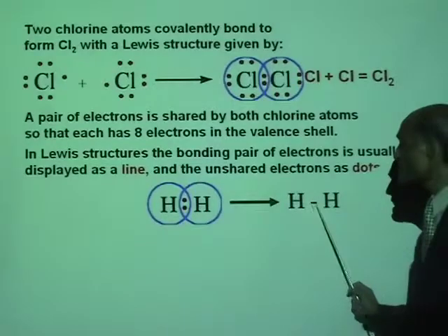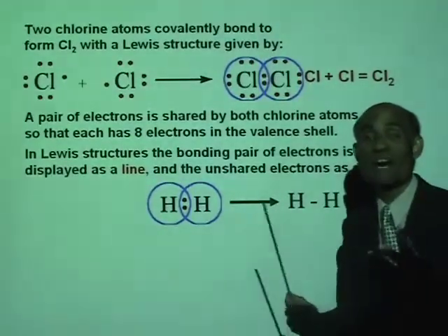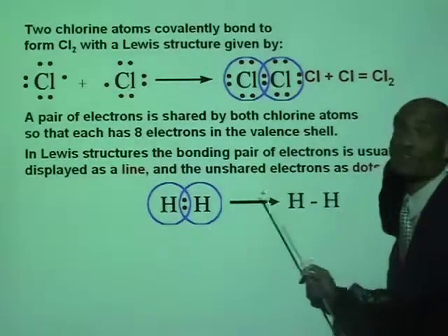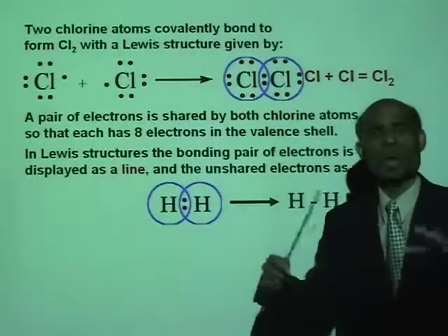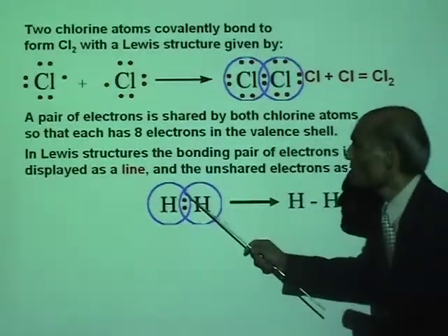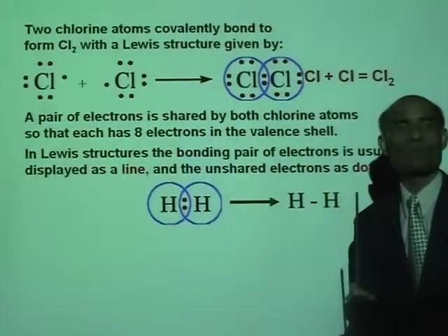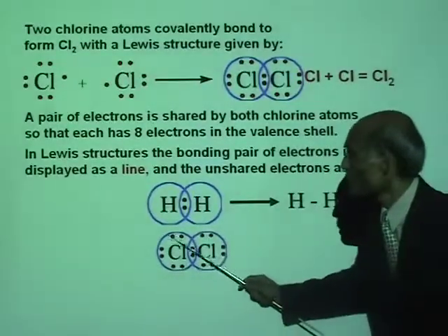The single line tells you that there is a pair of electrons shared between this hydrogen and this hydrogen. So we get rid of these circles, which are complicated, and the shared electrons are simply represented by a horizontal line.